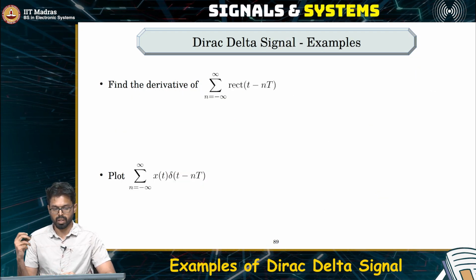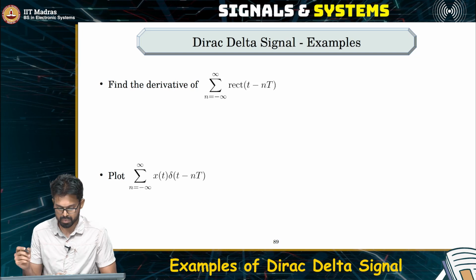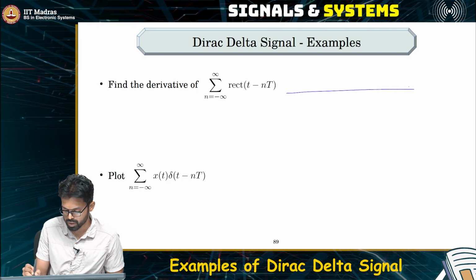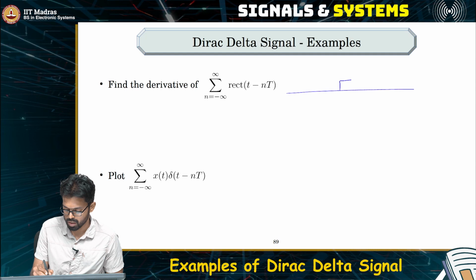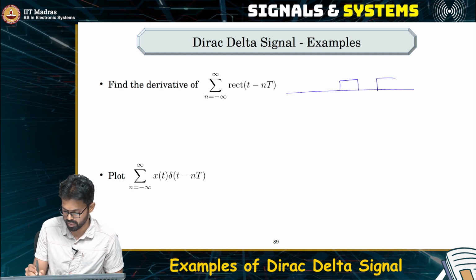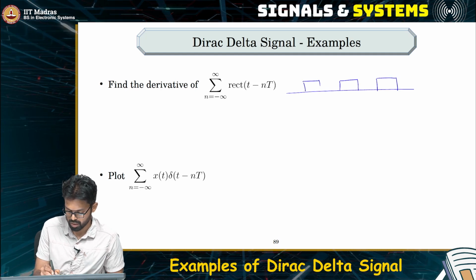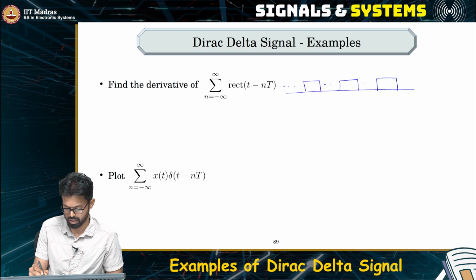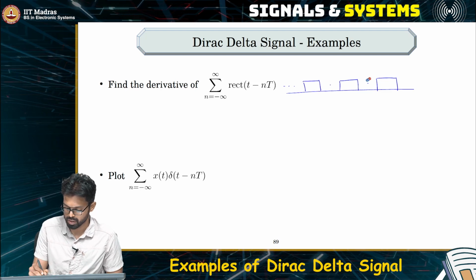Okay. Let's see some more examples. Now we already saw what happens to a rectangular function when you take its derivative. What if you have a periodic rectangular function?